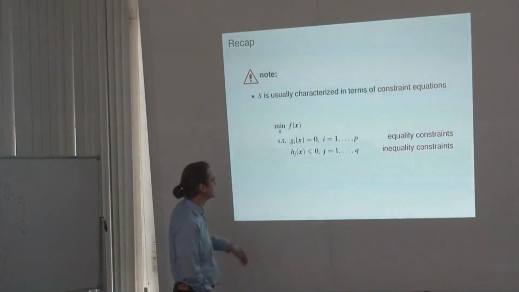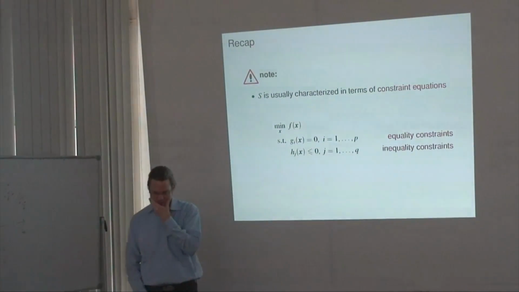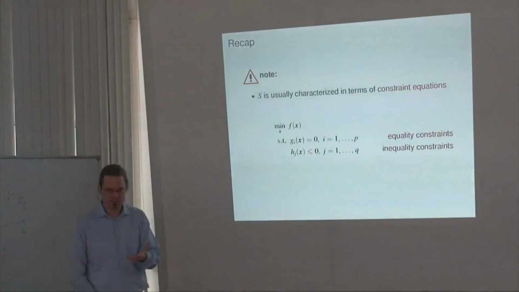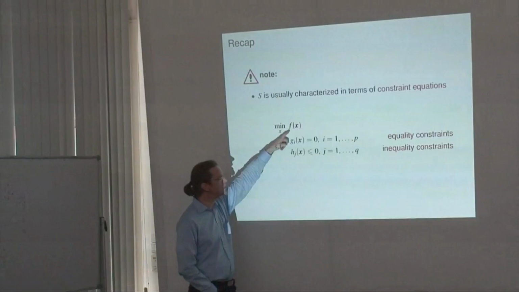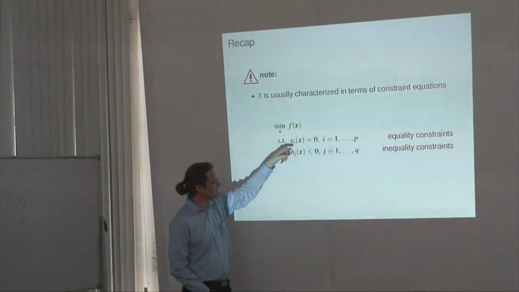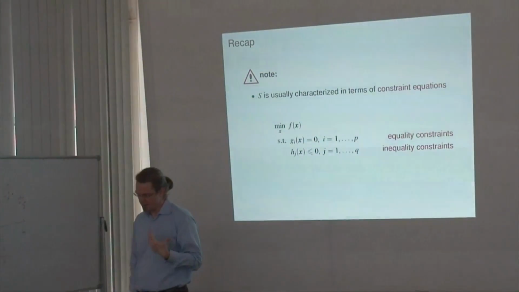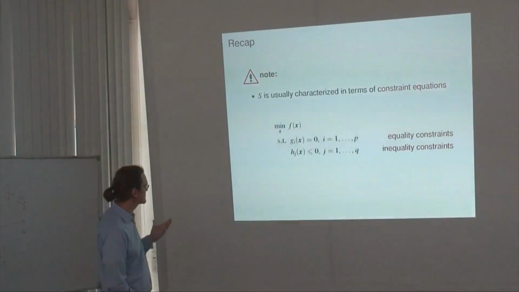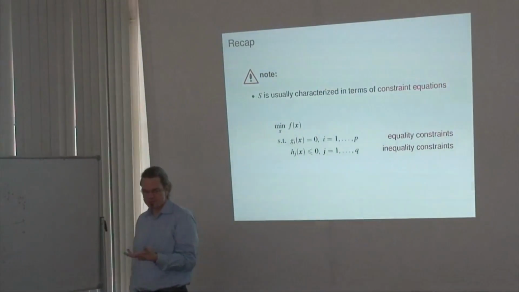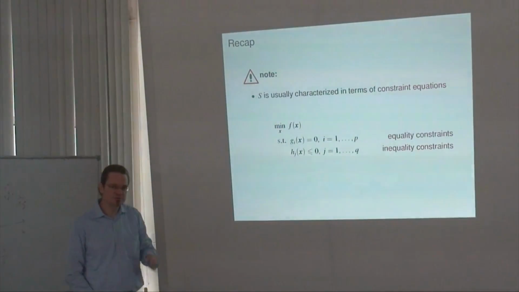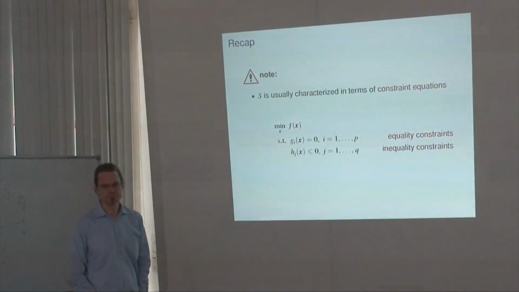There are basically two kinds of constraints we can think of. Either equality constraints, that is to say, we are looking for an x that minimizes this function, and at the same time is such that for a total of p other functions g, those functions g evaluate to 0.